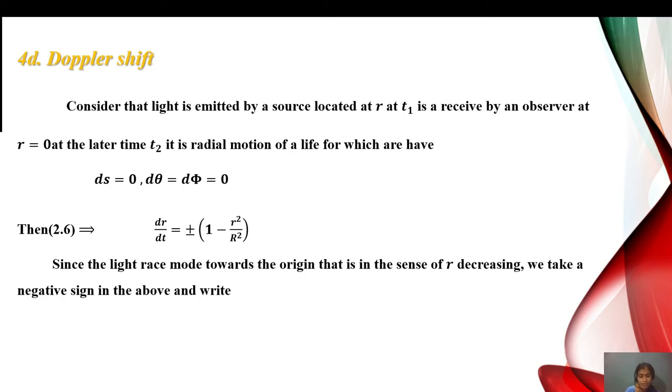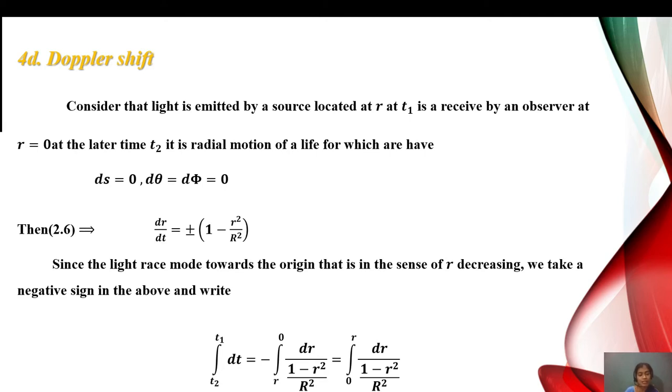We take a negative sign in the above and write the equation: integration from t1 to t2 of dt equals integration from r to 0 of dr upon the square root of 1 minus r square upon capital R square, which equals integration from 0 to r. Why are the upper and lower limits given like this? Because the minus sign changes to a plus sign and the limits change, and all the form stays the same.